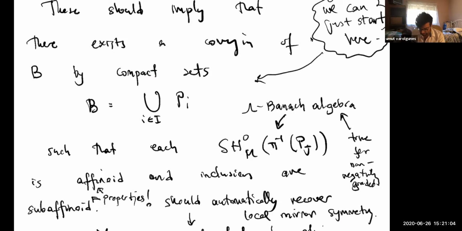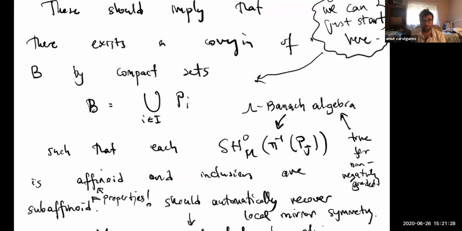And if you look at its SH0, maybe one thing to add here is that normally these homology level invariants don't come with a norm, but SH0 for the non-negatively graded case does come with a natural norm. So this becomes actually a Lambda Banach algebra in this case. And Lambda Banach algebras can satisfy the property of being an affinoid domain.